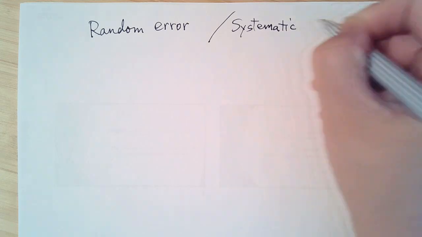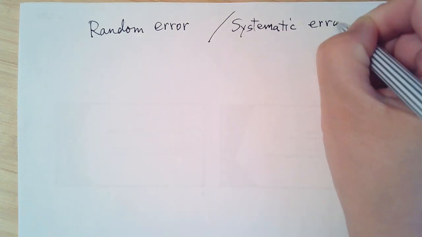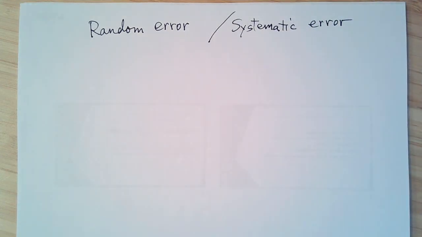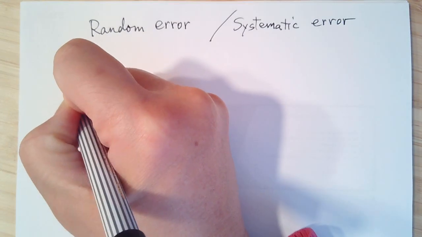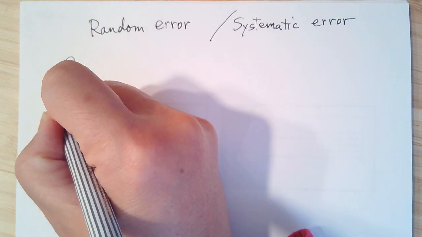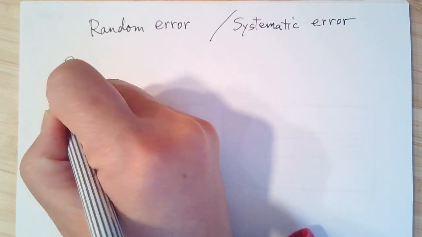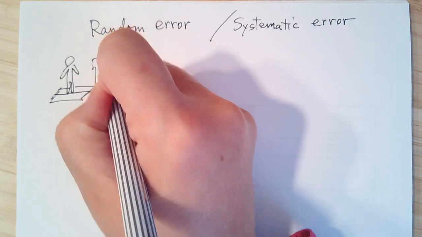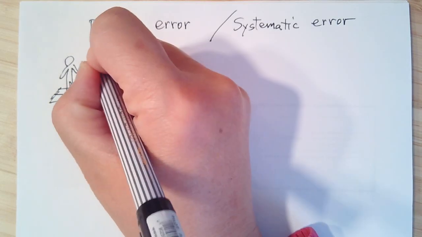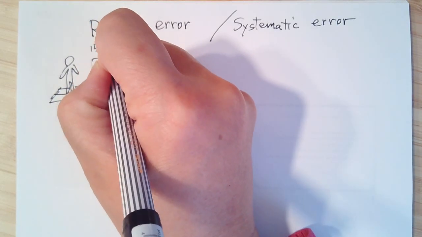What is the difference between these two? Random error and systematic error. Let me give you a quick example. If you are going to measure the weight of a person, so you have a scale, right? You let this person stand here, and then here you're going to read, for example, 150 pounds or something like that.